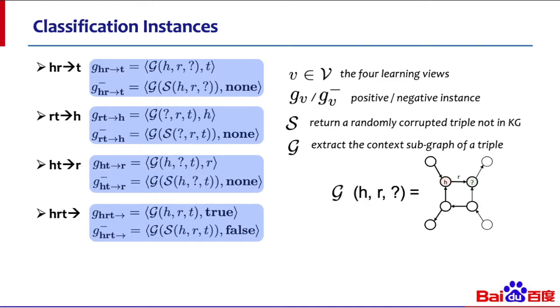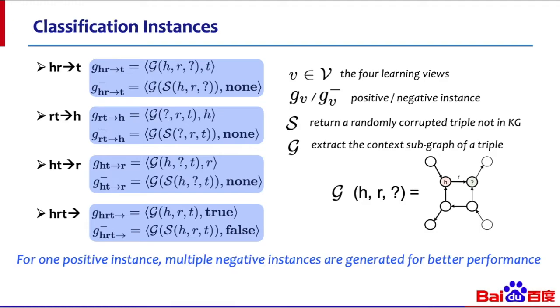The function g extracts the context subgraph of the candidate triple. The subgraphs can be processed by graph neural networks or by transformer after linearization. These instances are used to train the submodels corresponding to the learning views. Note that in each learning view, we generate multiple negative instances for one positive instance.